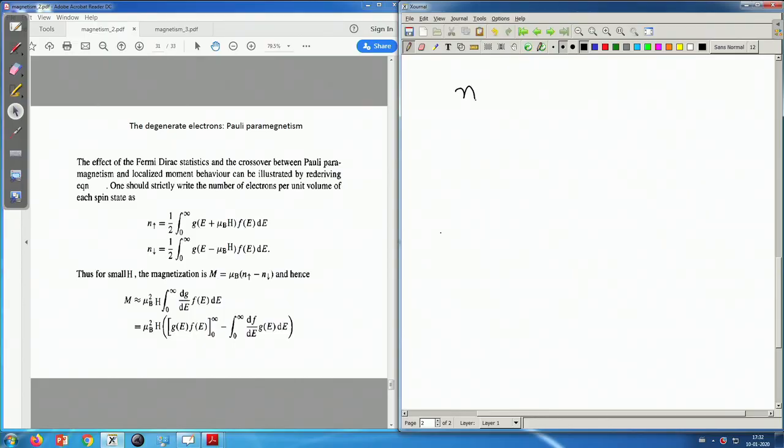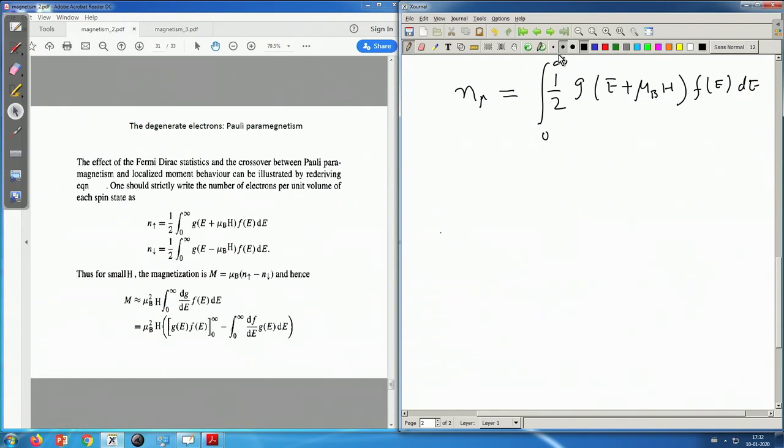Conduction electron paramagnetism, and what we have shown is that the density of states can be written as follows. For the up electron, the total number of up electrons can be written as half of the original density of states G(E + μB H) times the Fermi function, integrated from 0 to infinity.